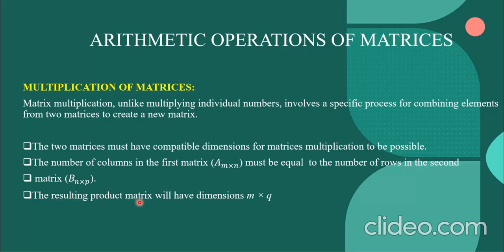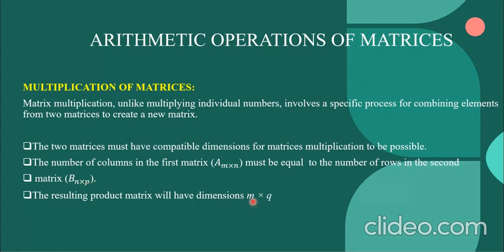The resulting product matrix will have dimension m by q. So when you multiply matrix A by matrix B, the resulting dimension will take the number of rows of the first matrix, and then take the number of columns of the second matrix.